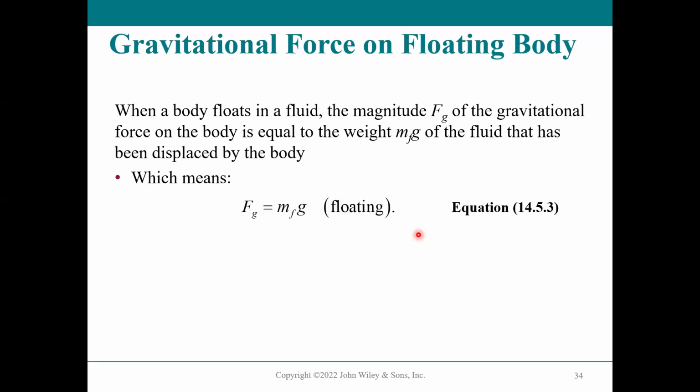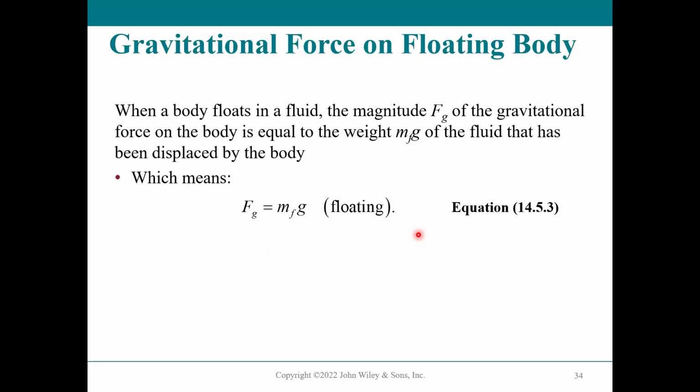So the gravitational force on a floating body is mass of fluid times g. When a body floats in a fluid, the magnitude Fg of the gravitational force on the body is equal to the weight, mass of the fluid times g, of the fluid that has been displaced by the body.